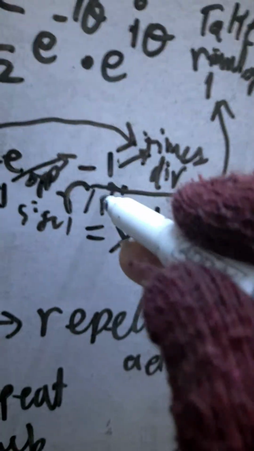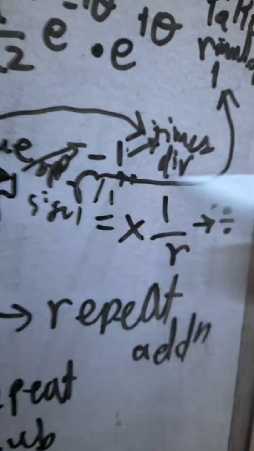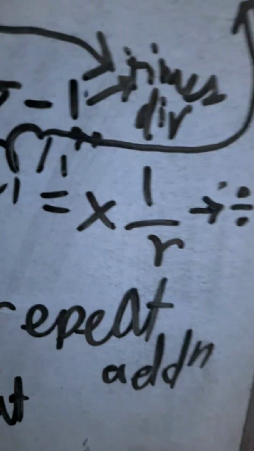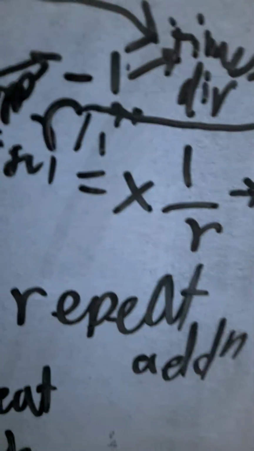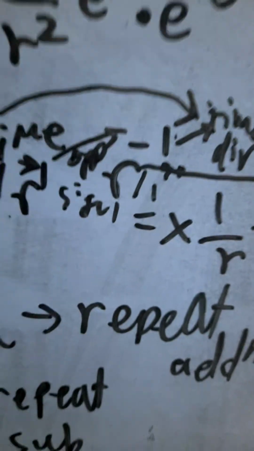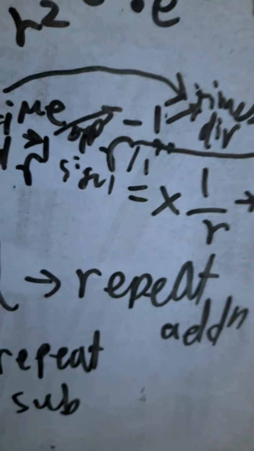This means the denominator is the total thing and the numerator is how many parts of it I take. So r by 1 means the numerator is how many parts I take, and the denominator is how many parts it was divided into in total. It was not divided, it was 1, so I take r multiples of it.